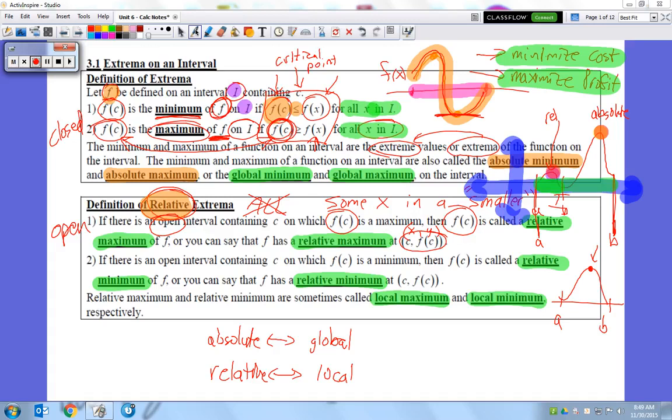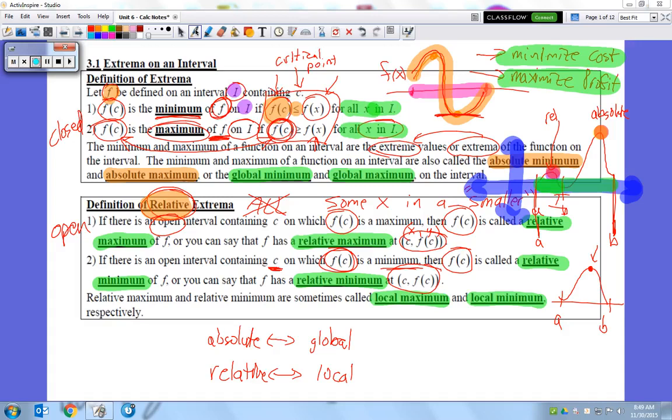This is like an xy coordinate, if you will. If there's an open interval containing c, so there's an open interval that has an x value, where that y value evaluated at c is a minimum, then that y value is called a relative minimum. And you can say that f has a relative minimum at that xy coordinate point.